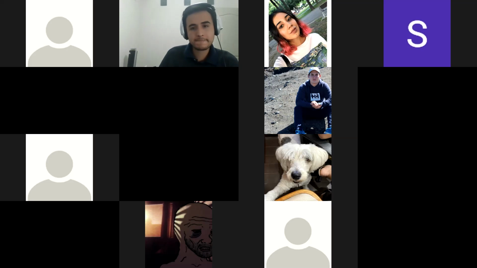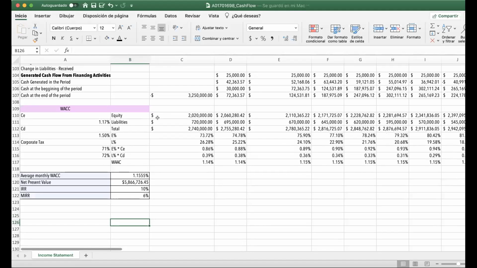Okay, share your screen. Just really quickly, for the WACC, what I did is put the equity and the total liabilities and add them up. Then I have the percentage of equity, the percentage of liabilities, and I decided to multiply it in here.